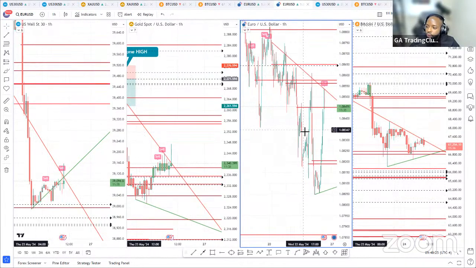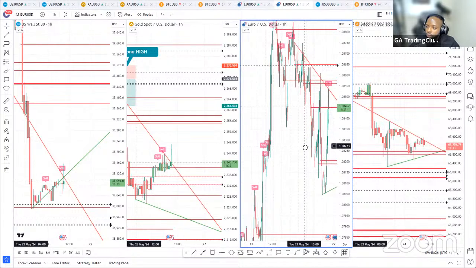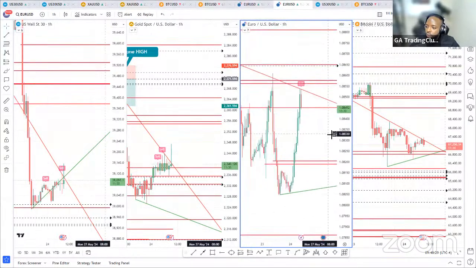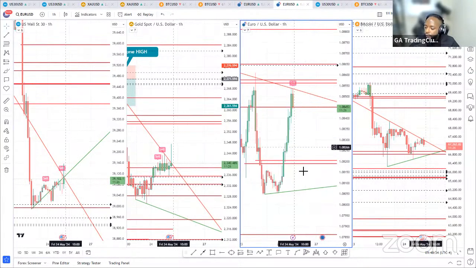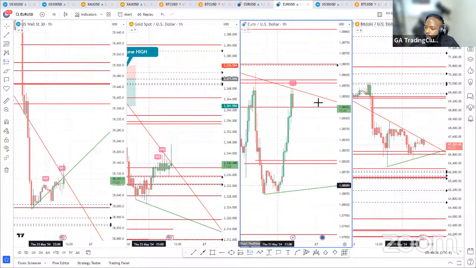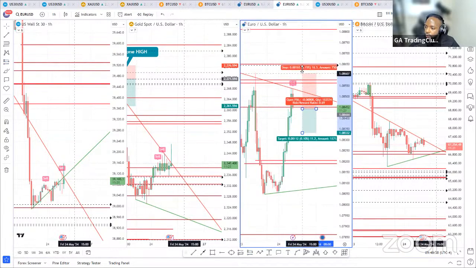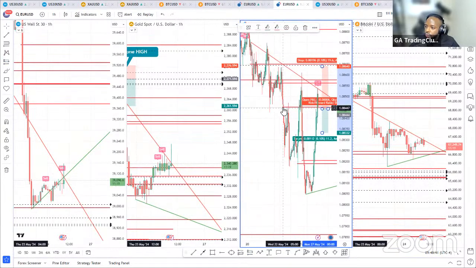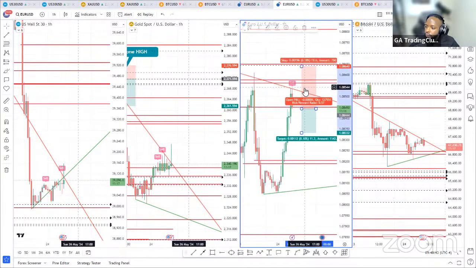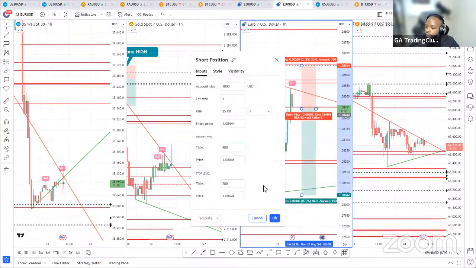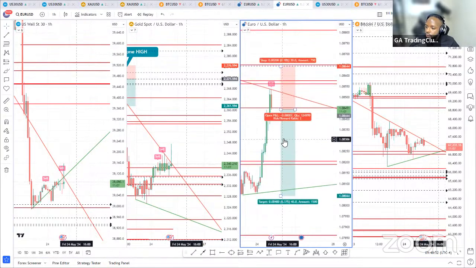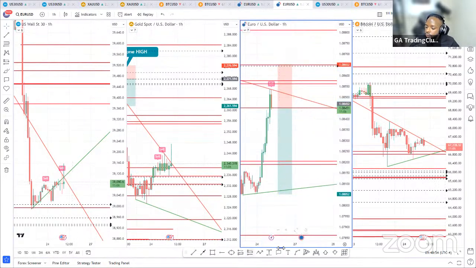Let's see how this goes. Because if EU closes above there, structure in price would change. So this is like a 20 pip. Let's see how this closes for EU. Possible entry on EU right there.